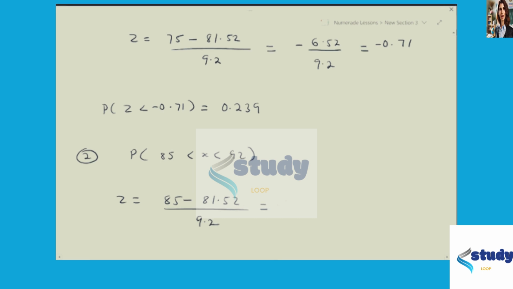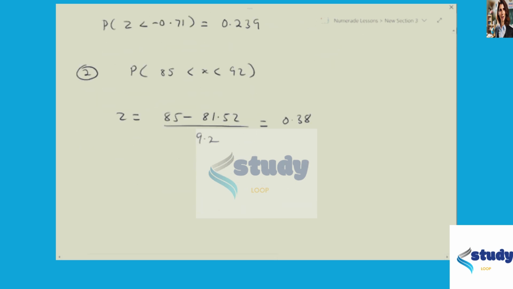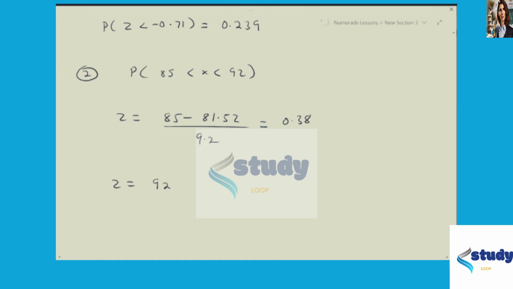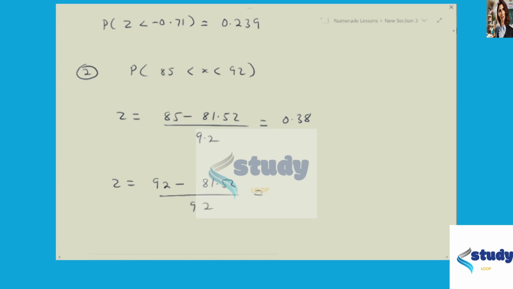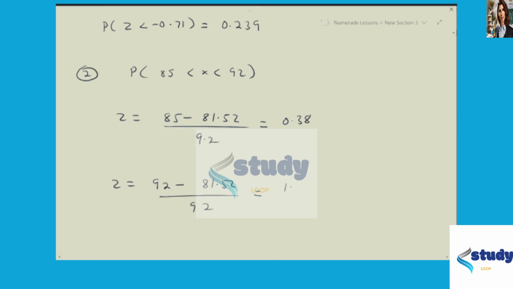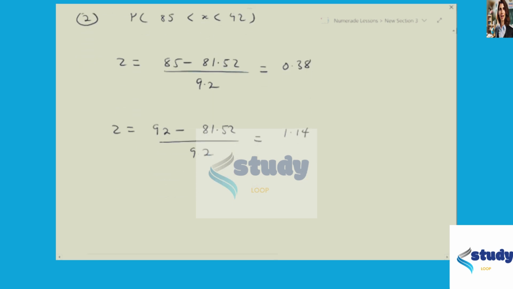So that gives us 0.38. Then a z value for 92 is also 1.14.